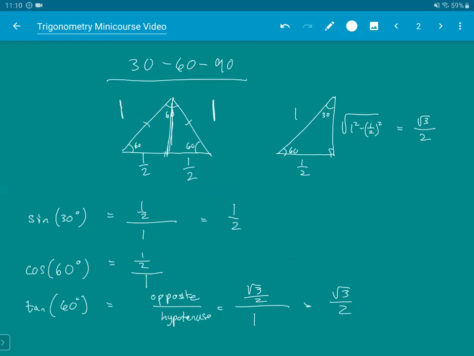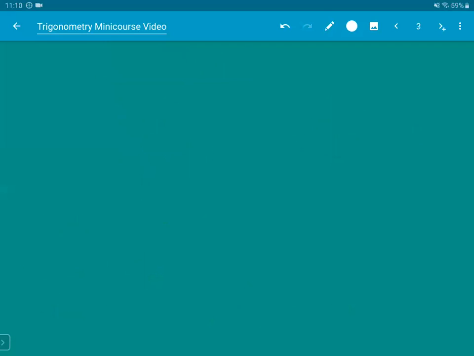Eventually you're just going to be able to see the angles and intuit, oh, okay, it's going to be 1/2 or square root of 3 over 2. And it's kind of like your multiplication tables in that sense, where after a while you just have the values internalized. So for now, I'll just give you some sample calculations for practice.